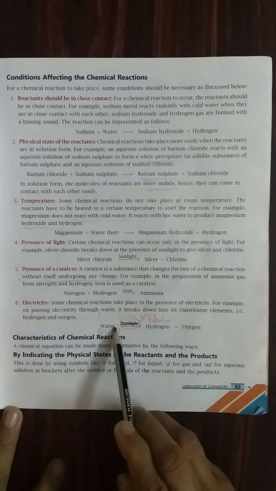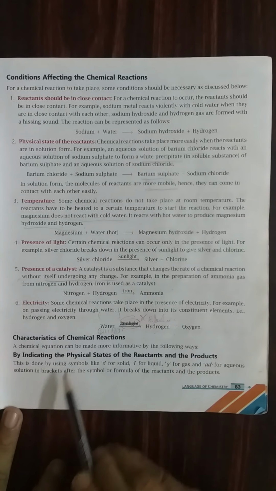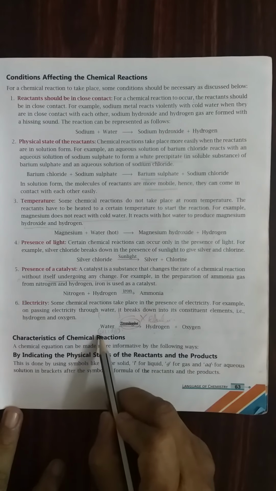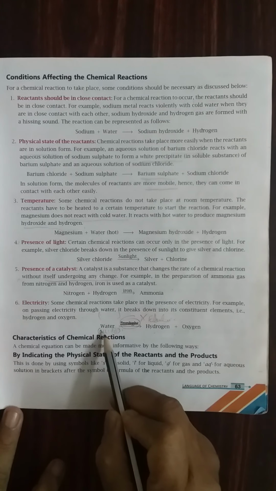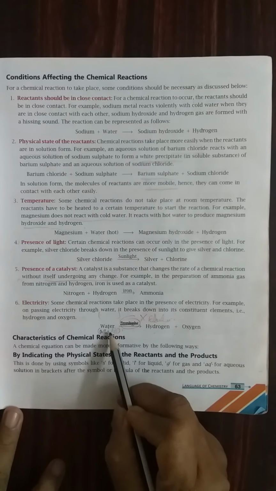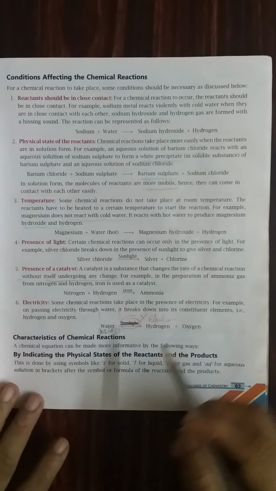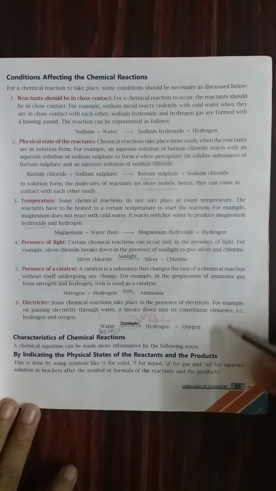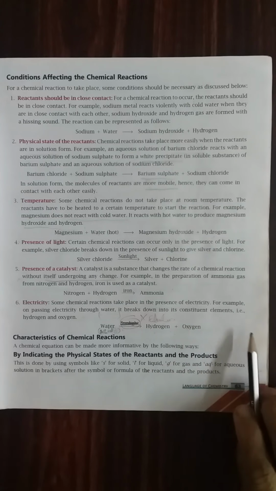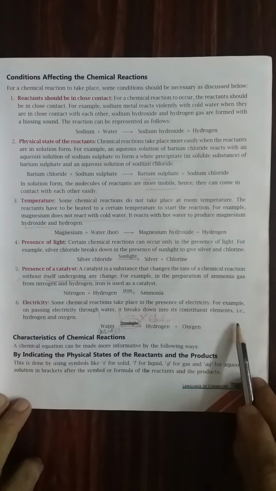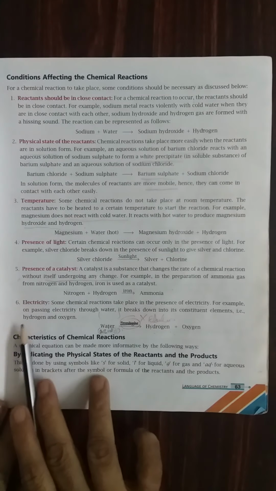That means a little bit of acid should be added. Acidified water, when it is electrolyzed, gives hydrogen and oxygen. These are the main conditions and 6 balanced equations. You should be thorough in order to understand this portion.